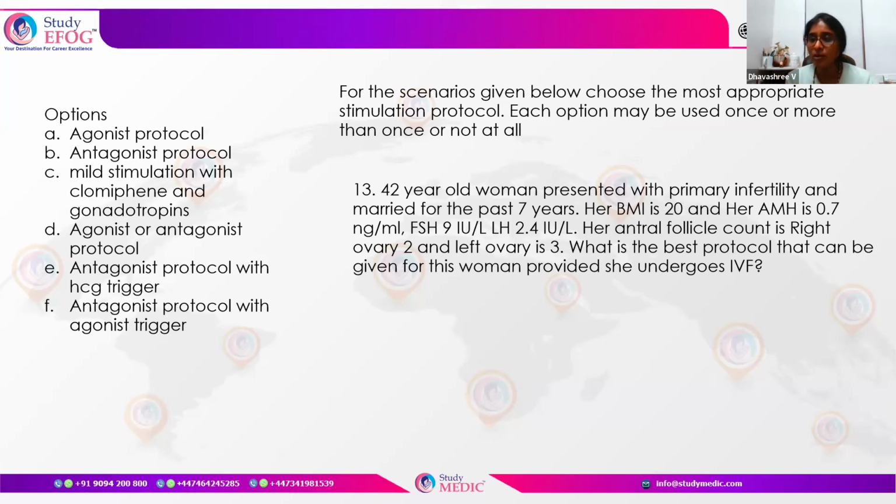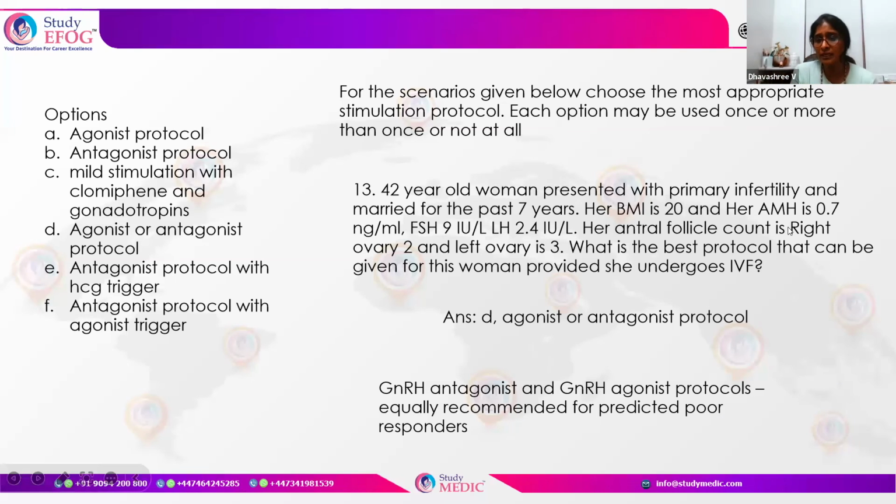Yes, for poor responders, both agonist or antagonist can be used. So the answer is D. Agonist or antagonist protocol can be used. So GnRH agonist or antagonist is equally recommended for predicted poor responders.